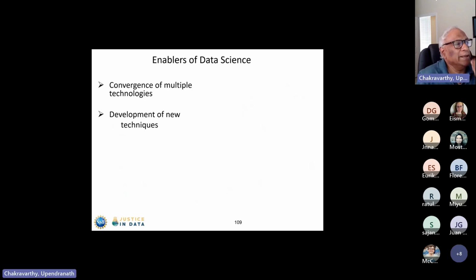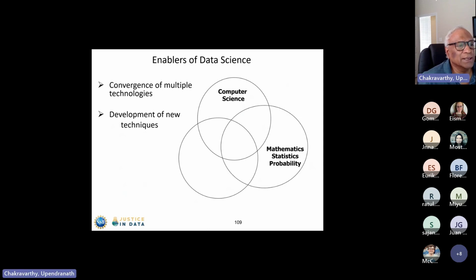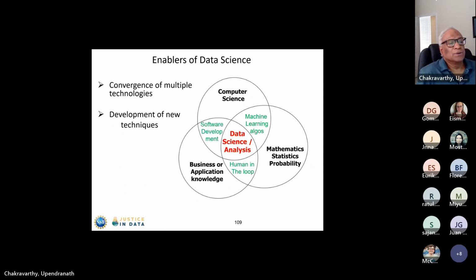So enablers, again, looking at what kind of technologies have brought us here. Similar to what we saw, but you'll see that the technologies are slightly different. This is one way to think of it: a synergy between computer science, mathematics, and business application.